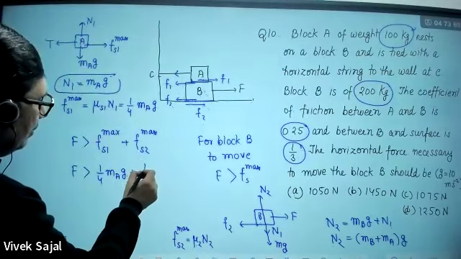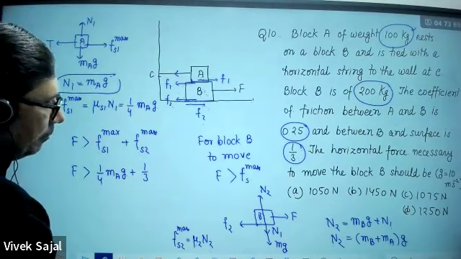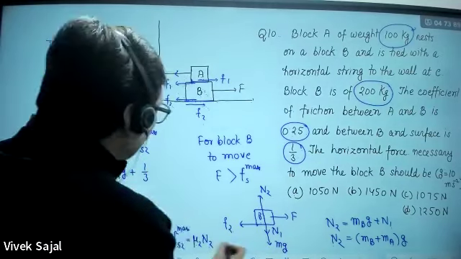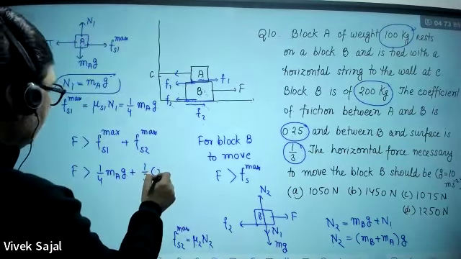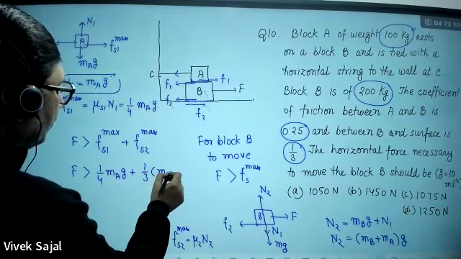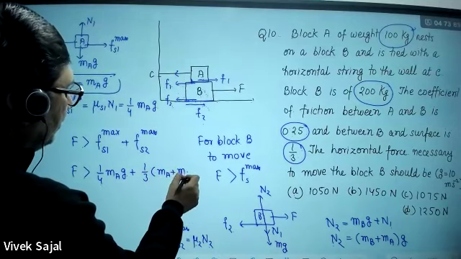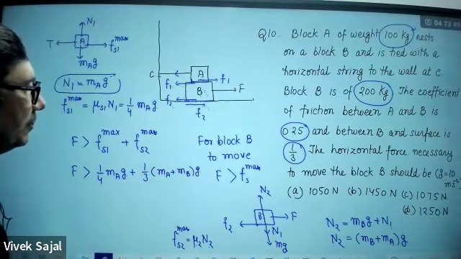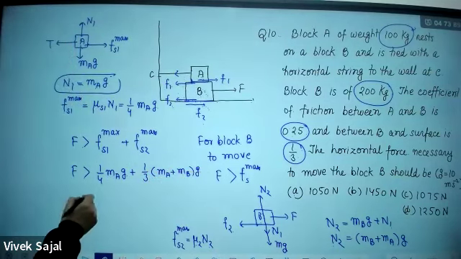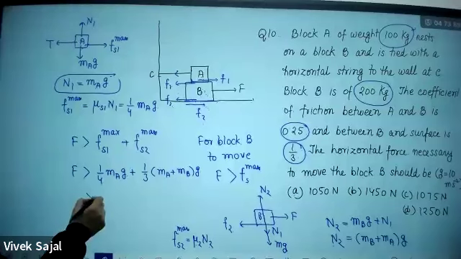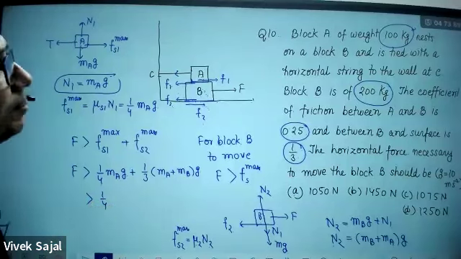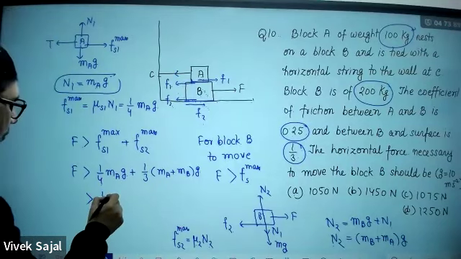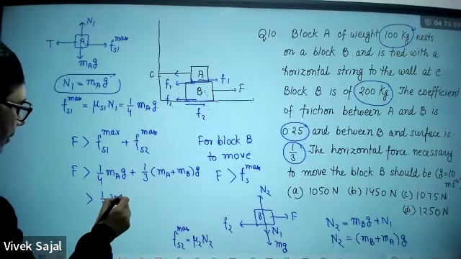And N2 is MA plus MB into G. So here, this will be 1 by 4. What is the mass? 100. So this will be 100.